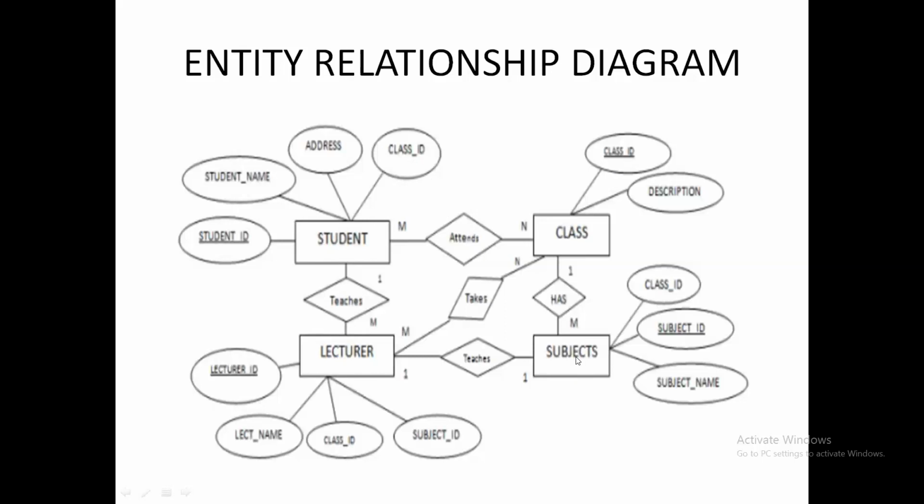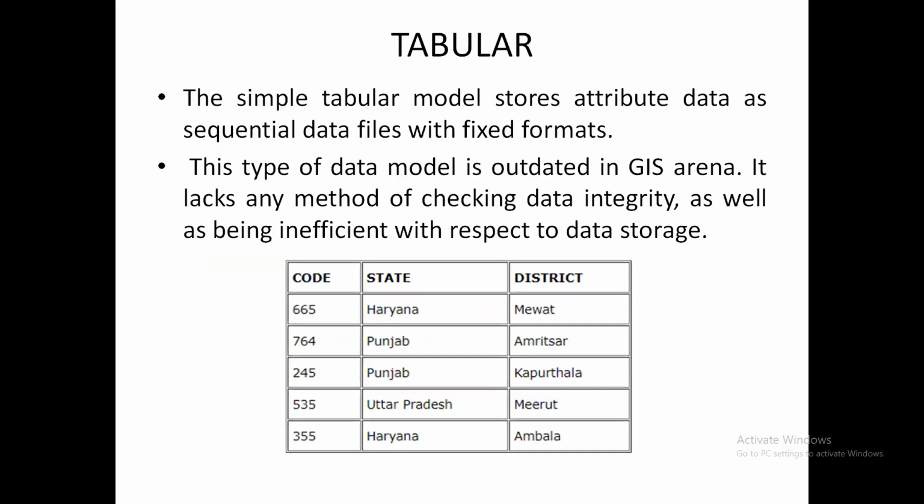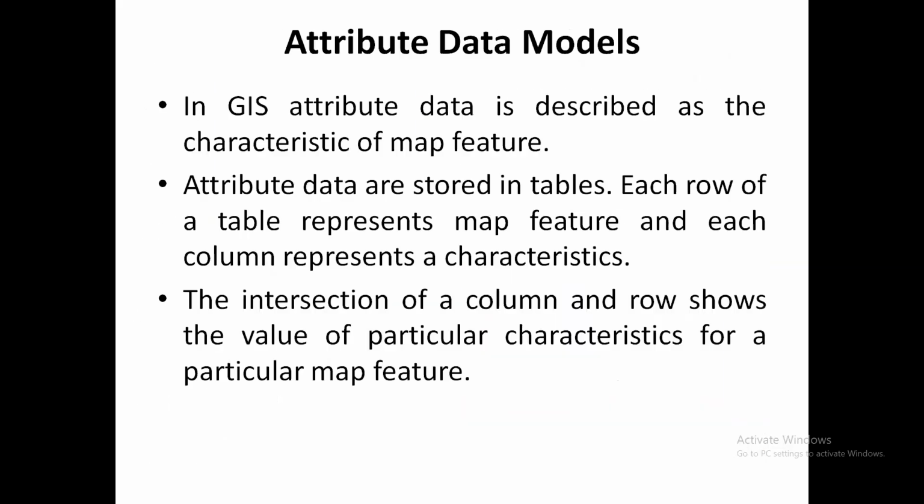A class is going to have multiple subjects, and the lecturer will be teaching the subjects. So this is how the relationship between the entities will be represented. So this is about your object-oriented data model, and in this lecture we covered the relational data model and the object-oriented data model.